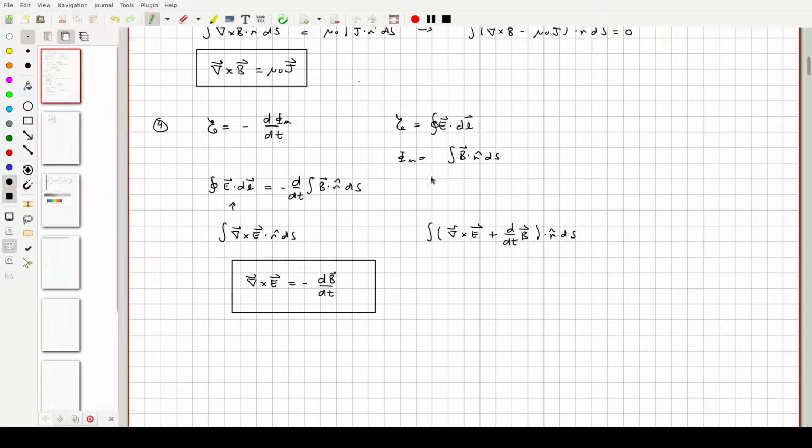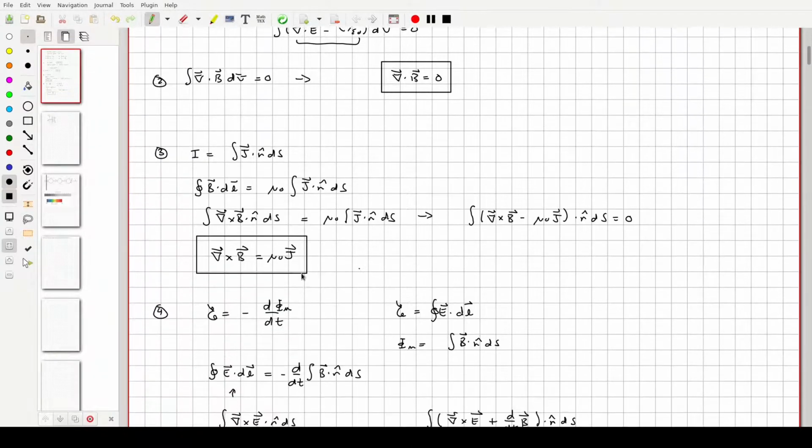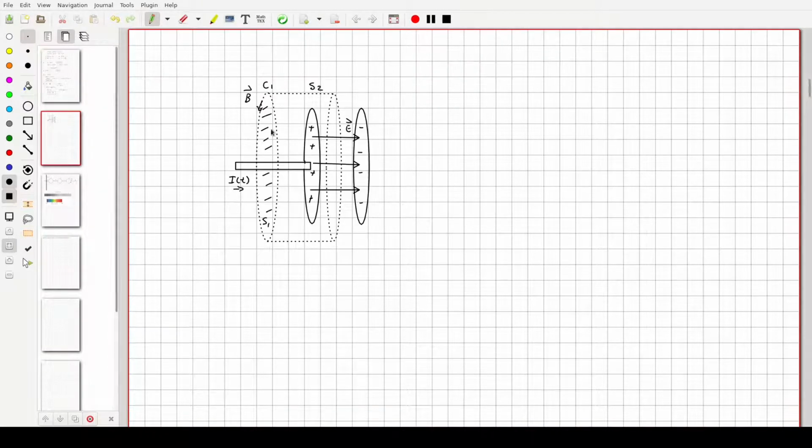So for the 4 equations that I wrote down, that we've talked about extensively in the last several chapters, what I have are these 4 differential forms of them. So let me write them down over here, and then I want to talk a little bit about them. Specifically, I want to talk about one of them. So I have del dot E is equal to rho over epsilon naught.